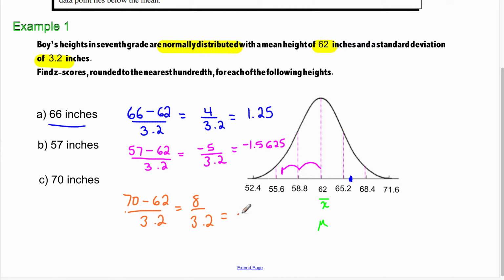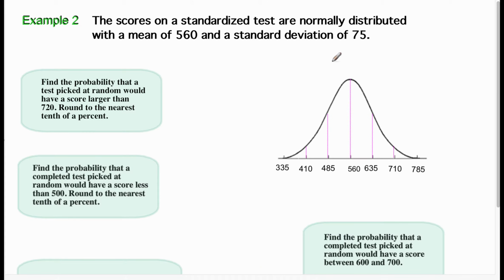He is a full 2.5 above average. So it's pretty much what we were doing the other day. We just now can look anywhere in the bell curve because now we can find precise points. We have more information than just the half points.